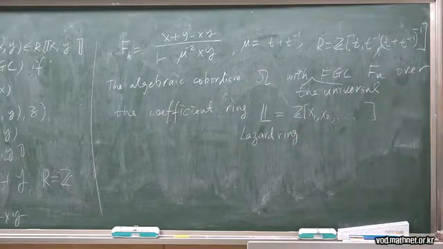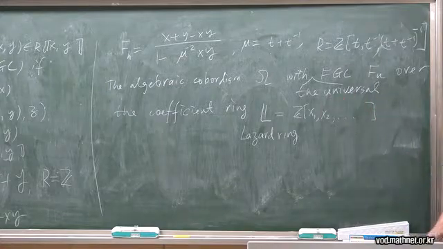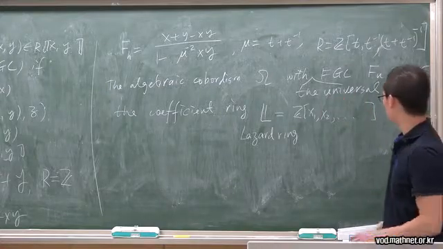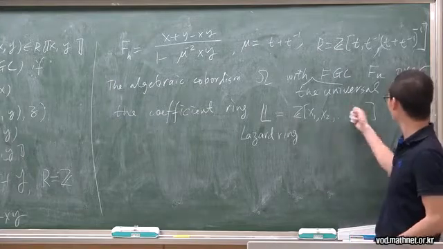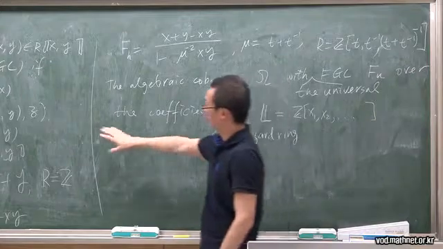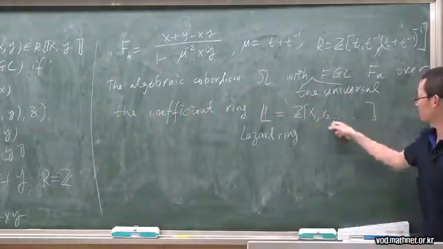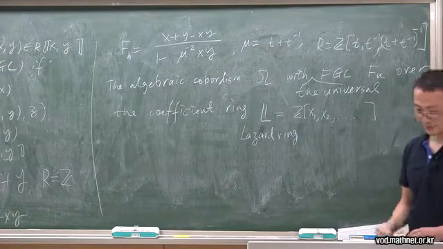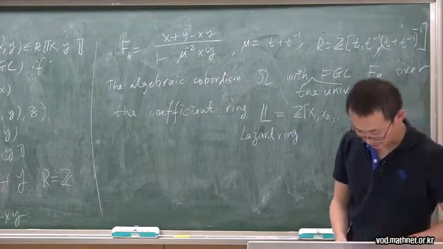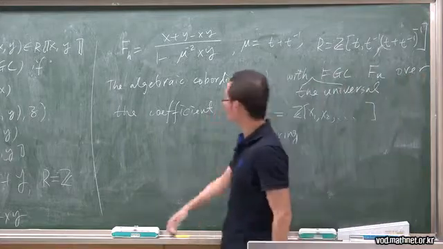Its universality means that you can specialize it to any other formal group law. Of course, when you define this Lazard ring, basically you just formally impose all the three conditions as restrictions on the variables. Okay, so now we have some such examples.